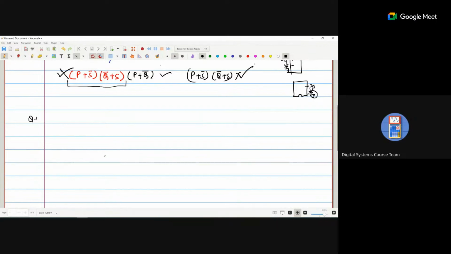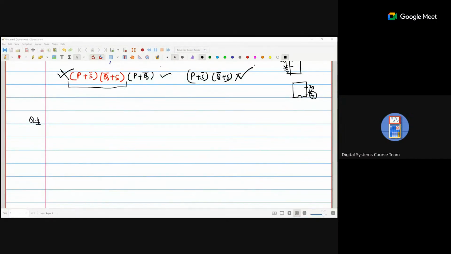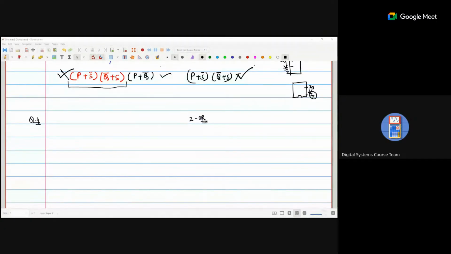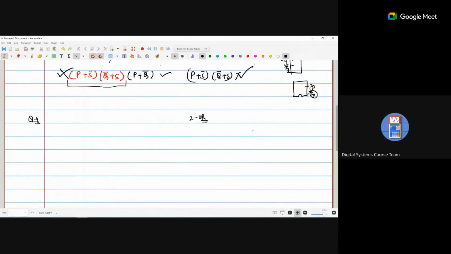Okay, question number 4. What is the minimum number of 2 cross 1 muxes required to generate a 2 input OR gate and 2 input XOR gate? Assume complementary inputs are not available. So we require a 2 input OR gate, so we require A plus B. Can I write it as A plus A bar B?